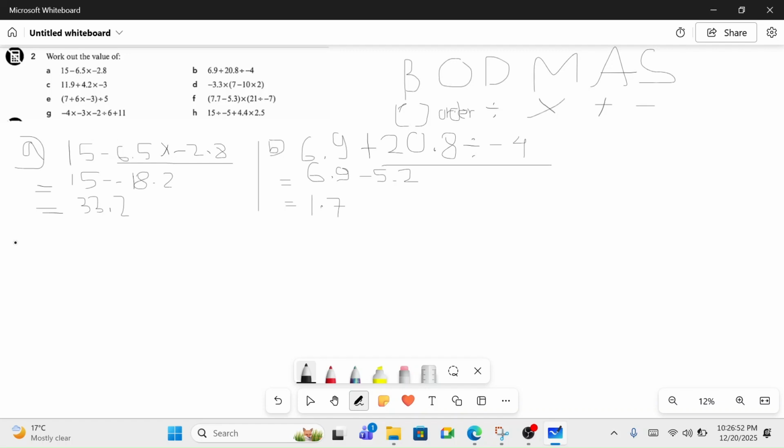Okay, now question number C: 11.9 plus 4.2 times minus 3. First we will work with 4.2 times minus 3. Since we have multiplication, multiplication is ahead of everyone in this entire thing.